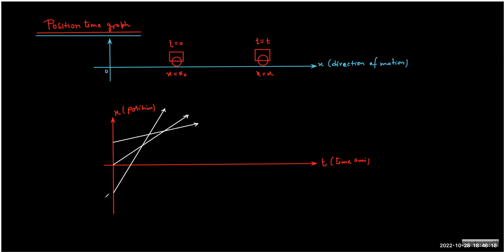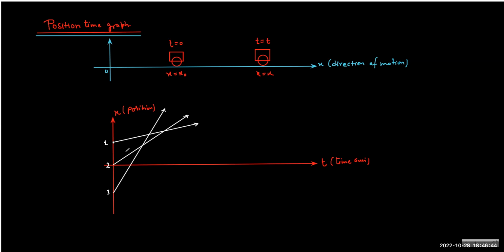Now, if I number the particles, athlete one is having the pole position in front of everyone. So you can see who is ahead of all.